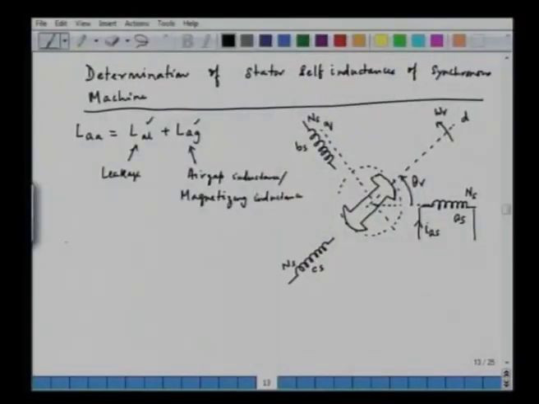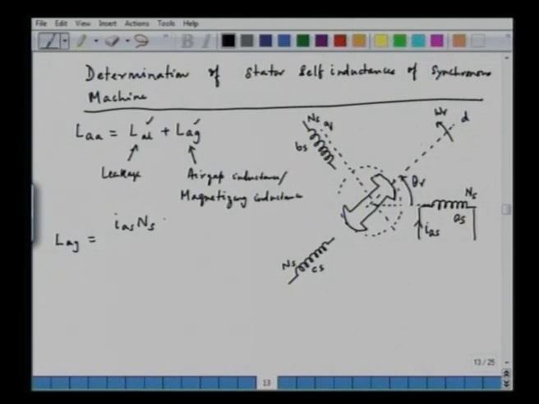So, we can find out the flux linkage due to its own current. So, LAG is given as follows. It is IAS NS. So, this is actually the MMF produced by phase A, and this MMF is along the phase A axis, and we can resolve this MMF along the D axis.